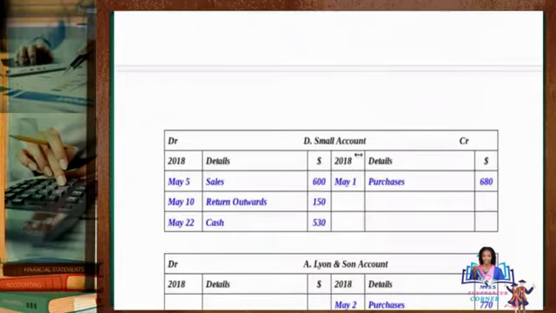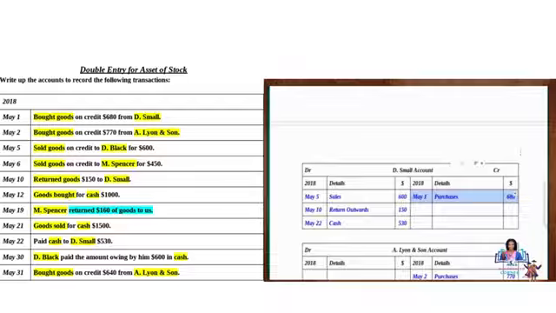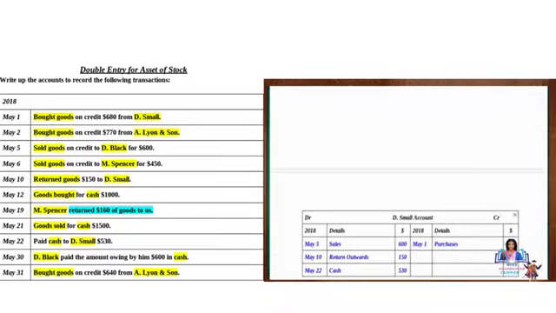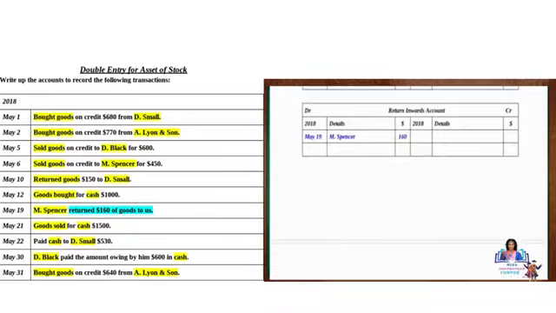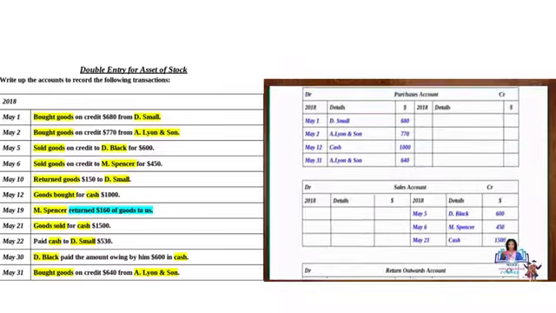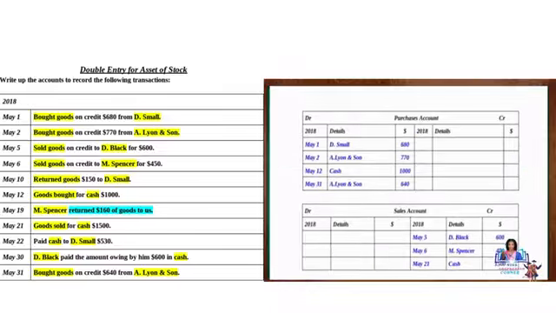There we have it. On May 1, purchases of $680. Right along on May 2, bought goods on credit $770 from A. Lennon and Son. So here we have it.